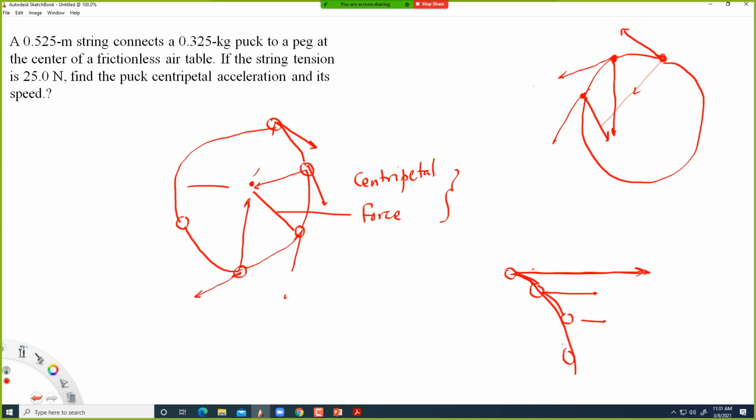Okay. And this centripetal force could be different kinds of force. So in some cases, static friction keeps the object in a circular track, like we saw in the previous problem. In some cases, like in this problem, it's the tension that keeps the object in a circular track. So let's look at that.